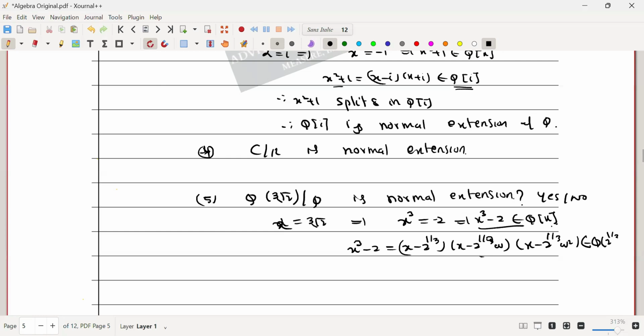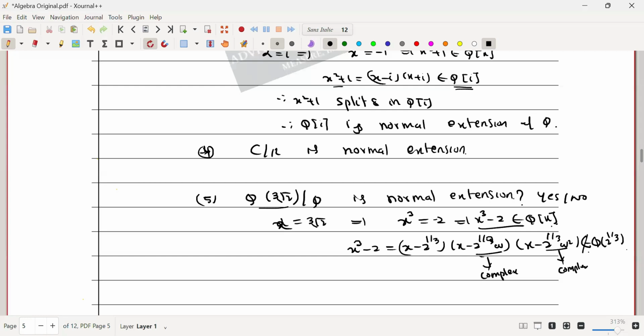No. So this does not split in Q(2^(1/3)) because these roots are complex numbers. But this one is real, cubic root of 2 is a real root.